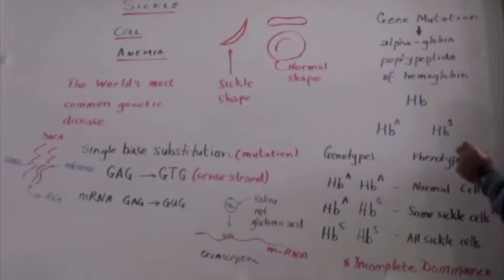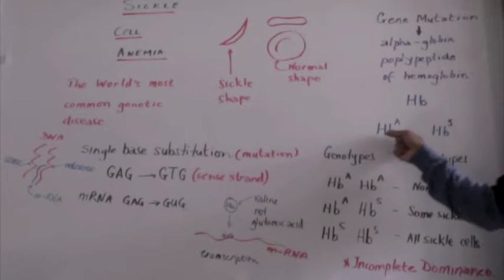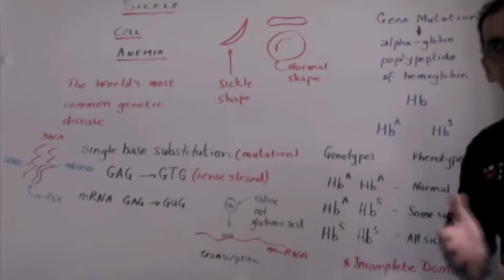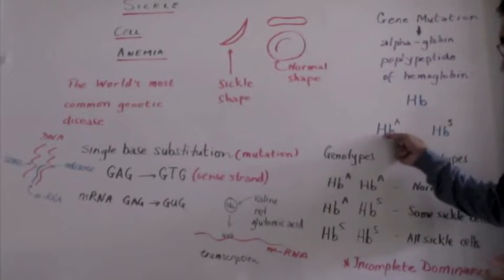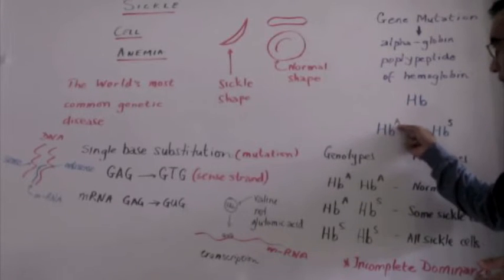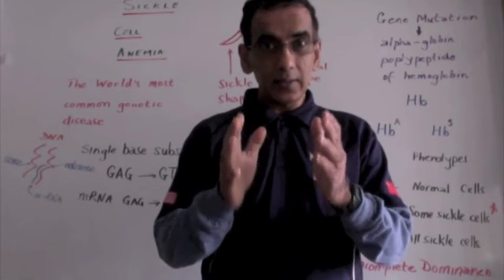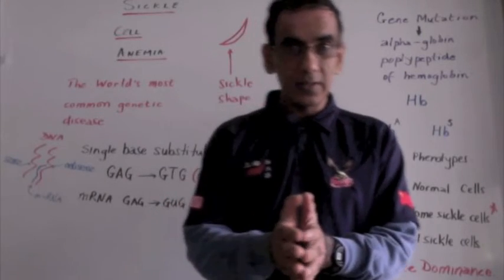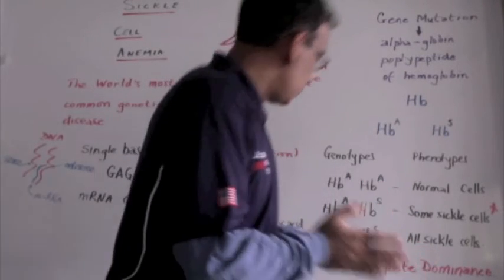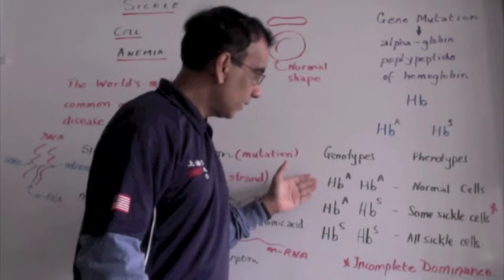And this allele is represented in this way: HB superscript S for sickle cell. And the allele that gives regular blood cells is represented as HB superscript A. With these two alleles possible in populations, then genotypes can look like this.